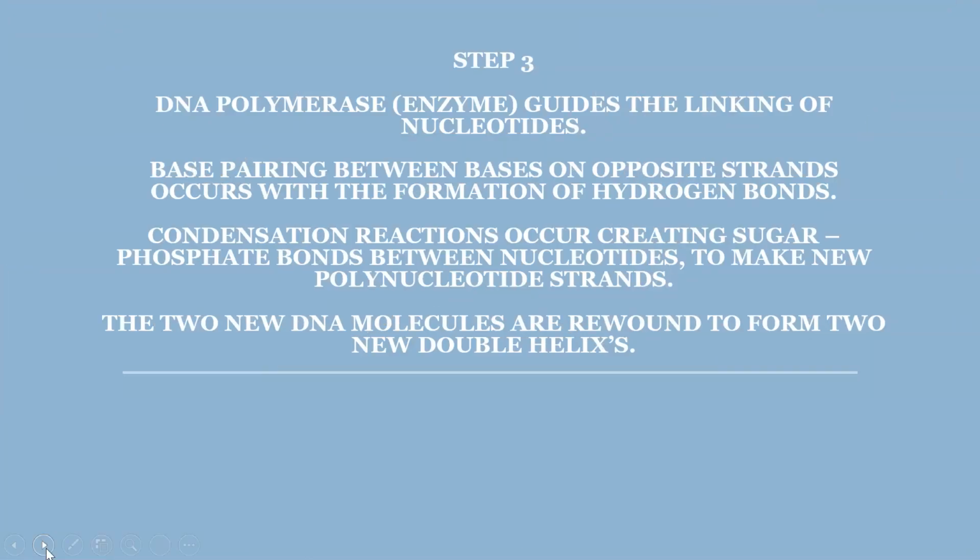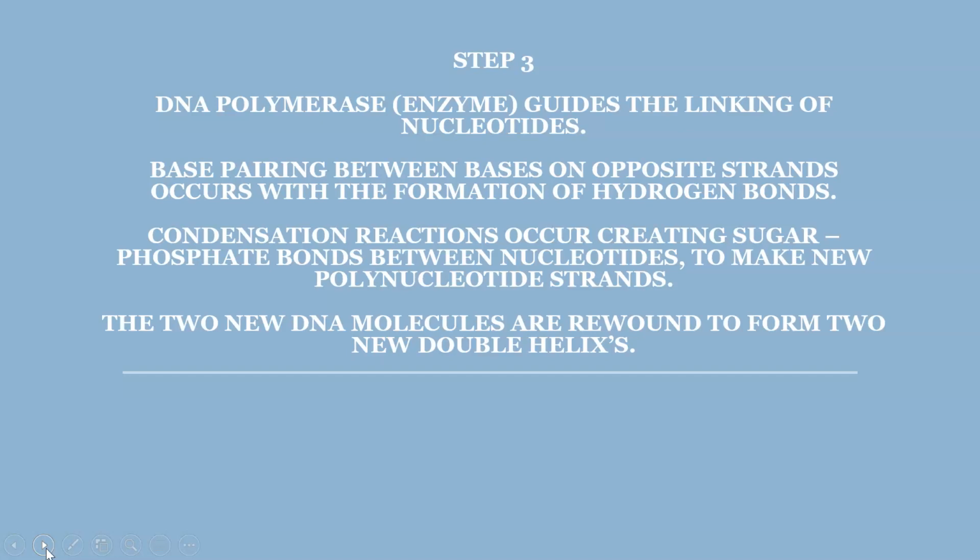So these free nucleotides to their exposed partner base as such. Base pairing between bases on opposite strands occurs with the formation of hydrogen bonds. So those free nucleotides pair with the base, and those bases bond together with the hydrogen bonds that we've already spoken about.